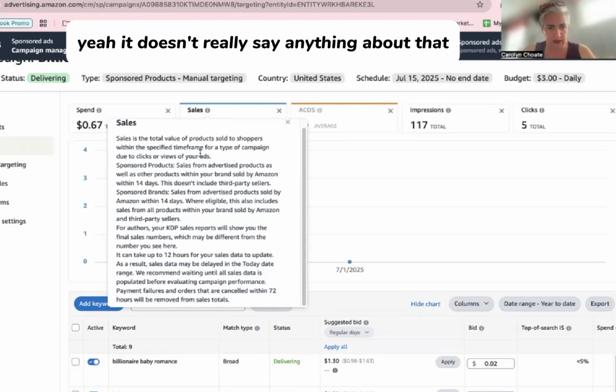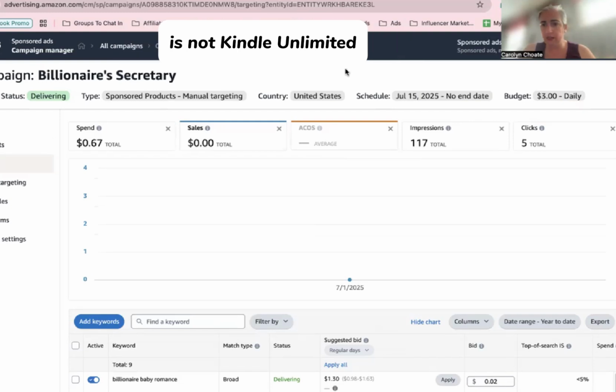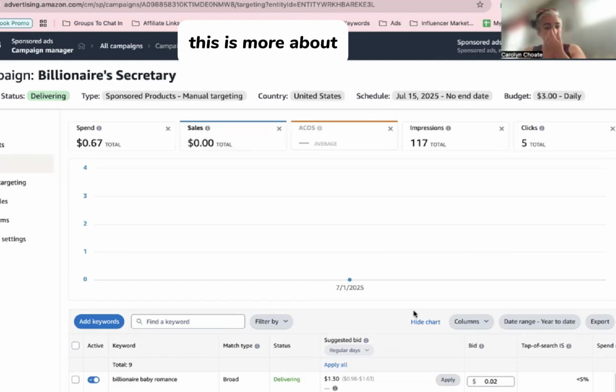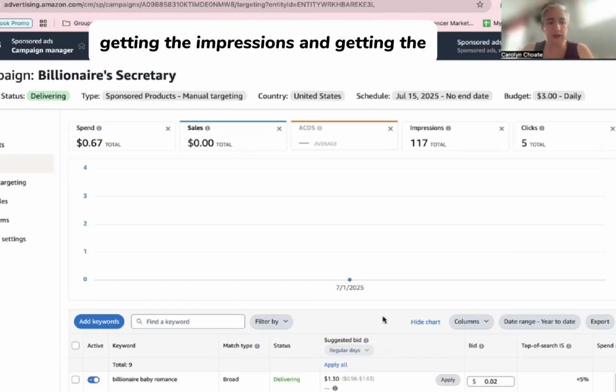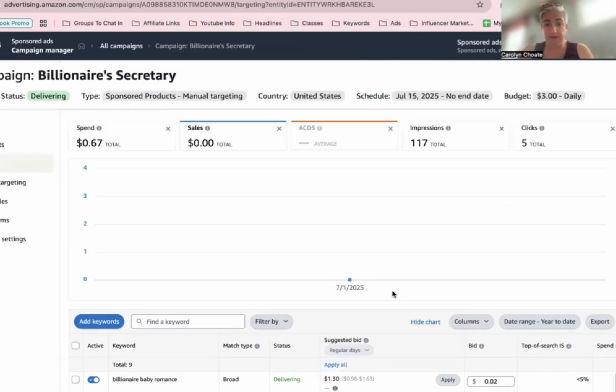Yeah, it doesn't really say anything about that. The other one, of course, like I said, is not Kindle Unlimited, so I can get a clearer picture there, which still says no sales. But again, this is more about getting the impressions and getting the idea of your work out there.